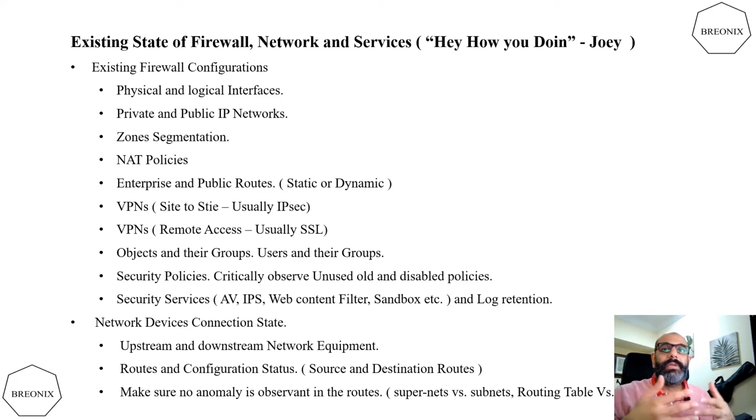On the downstream side, in most of the enterprises, you are connecting to some sort of core switching infrastructure. So you would be required just to see the information of the routing table and observe it.